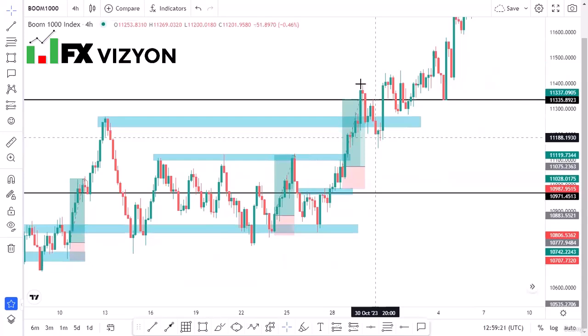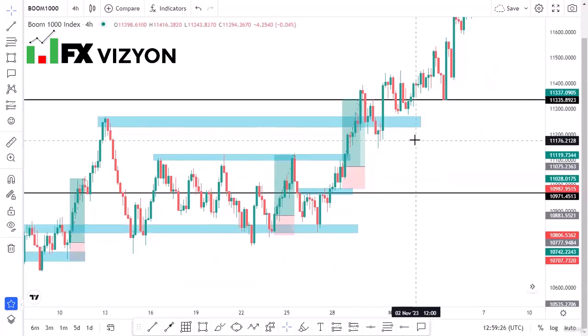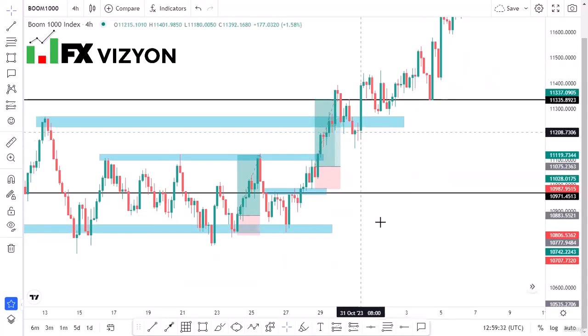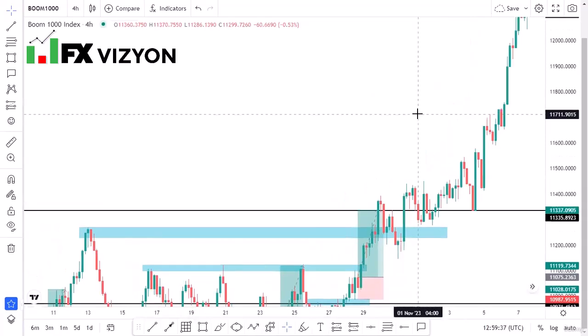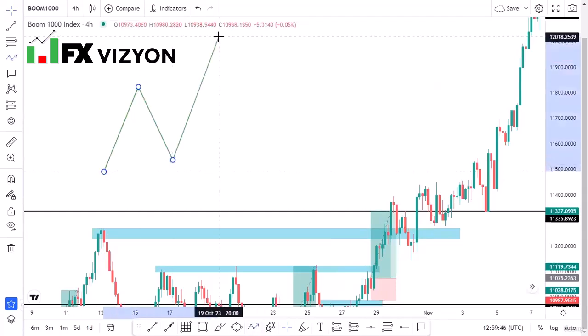And what happens? Price comes back to retest this area again. Now, a retest cannot just be exactly a tap on the zone or a tap on an area. As long as price fails to continue moving to the downside, that's a retest. So let me just do a refresher. What that means is that you may have a high, a higher low, a higher high.